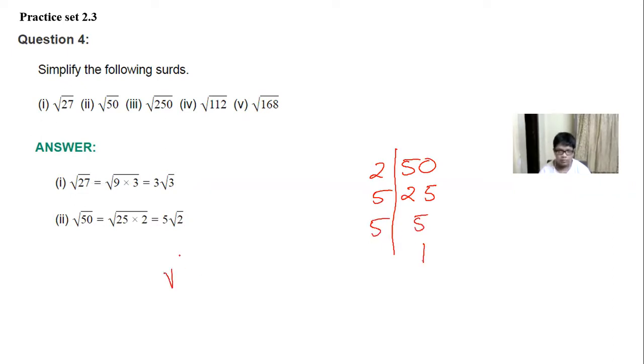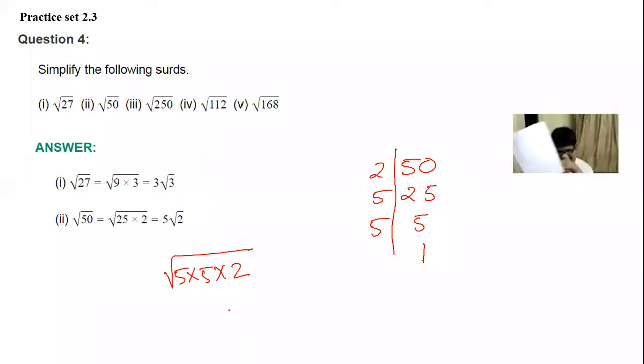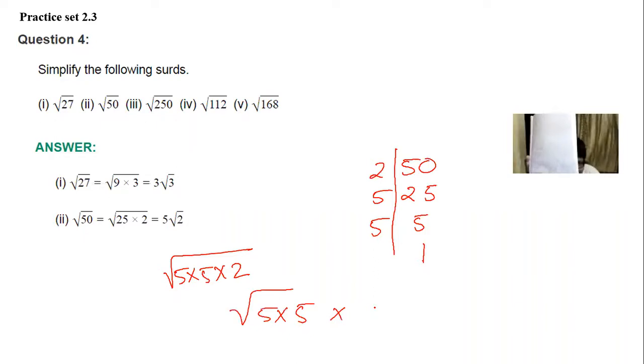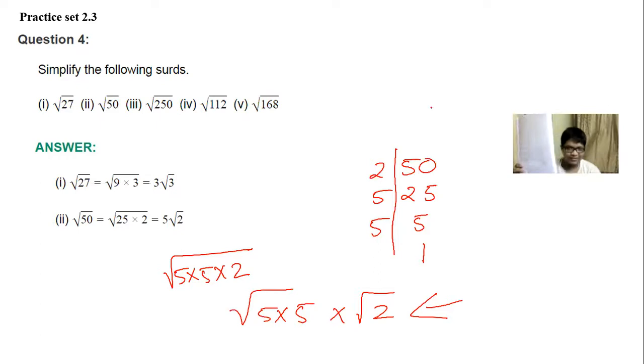So you have written in the root sign 5 into 5 into 2. Correct? Actually, I cannot see. Have you written it like this? 5 into 5 into root of 2. Yeah, sir. Okay, then it is correct.